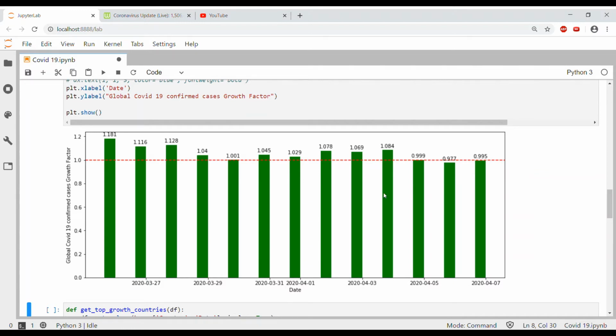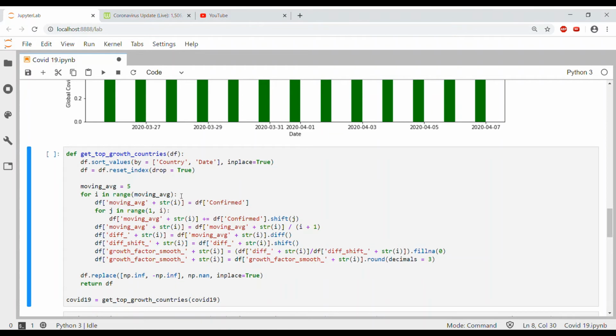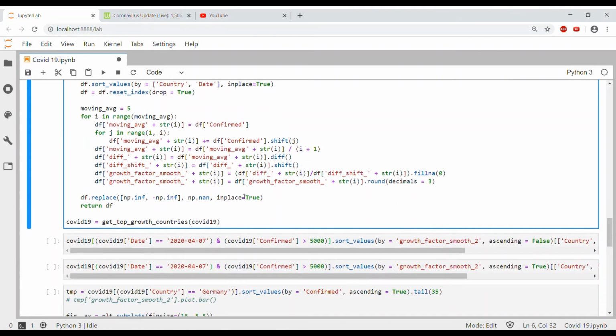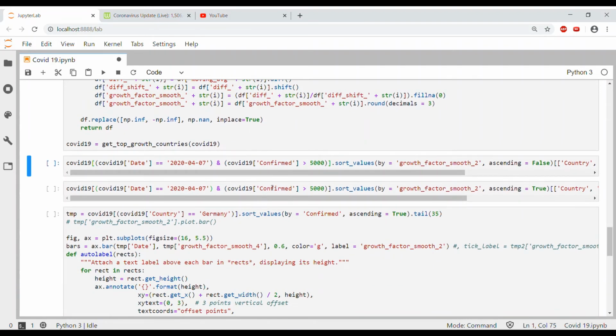Okay, so let's look at the individual country level, which countries are doing good and which countries are not doing so good so far. For this analysis, I just considered the countries who have more than 5,000 confirmed cases. The reason is that until you reach a certain threshold of 1,000 or 5,000 cases, countries do not have reliable data.